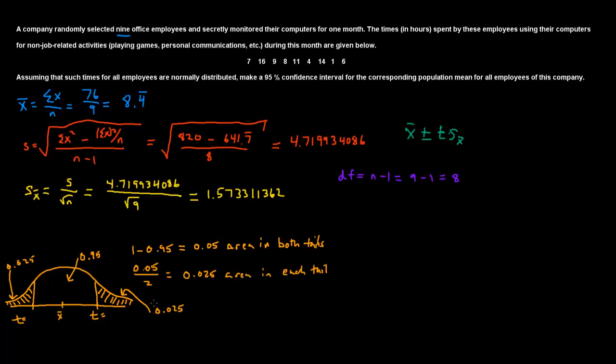We know the area in the right tail for a 95% confidence interval is 0.025. And we look at the degrees of freedom row, so the 8th row. If you look at the 8th row, and then the column with 0.025 in it, and find the intersection of that column and that row, we get t is equal to 2.306.